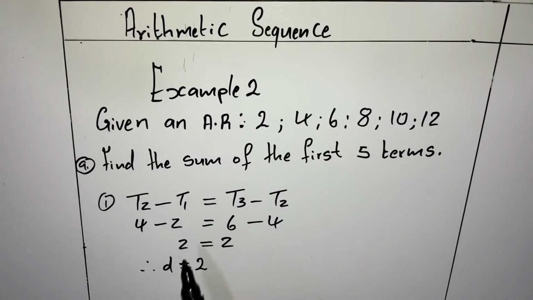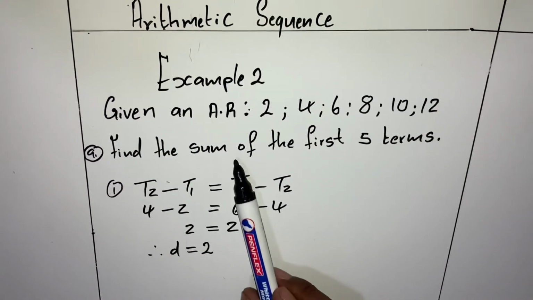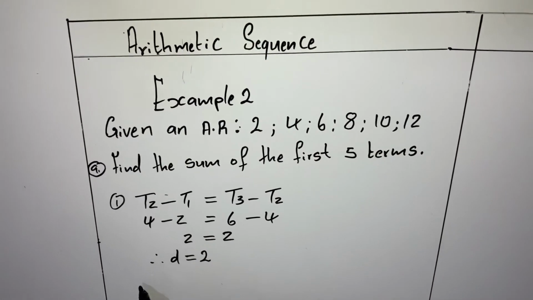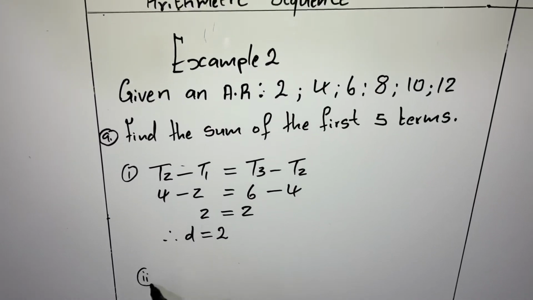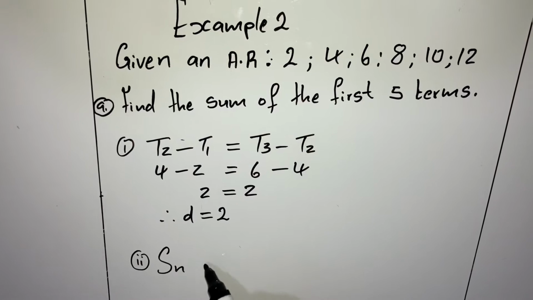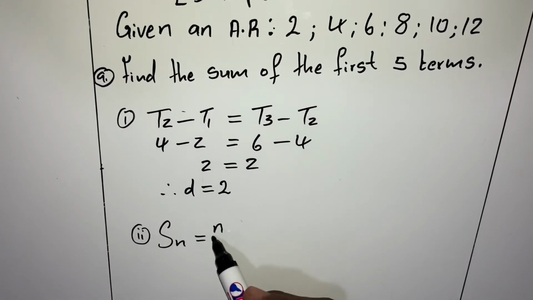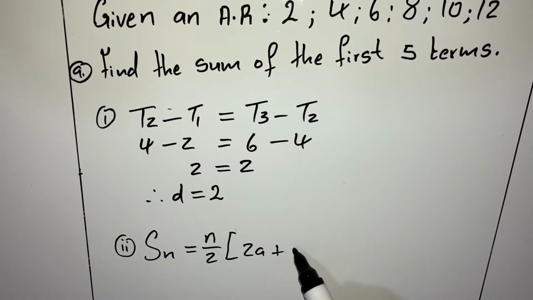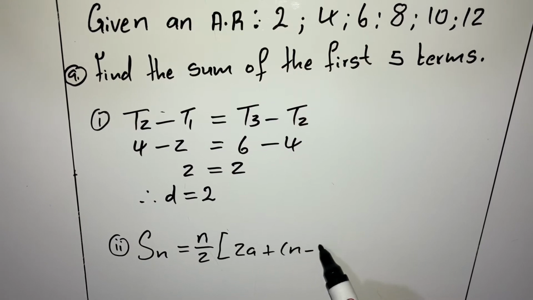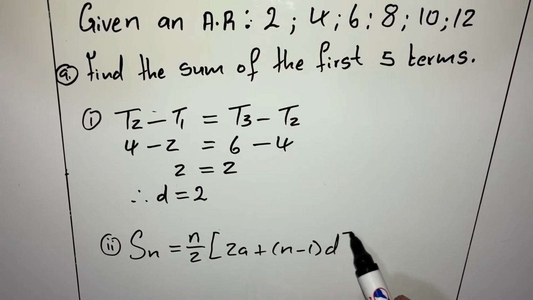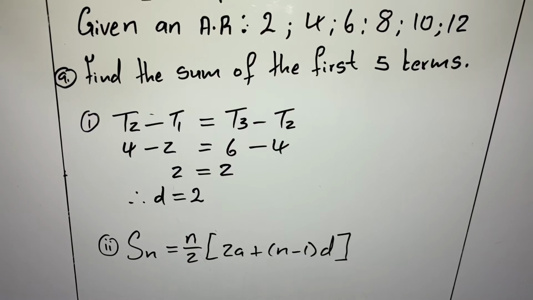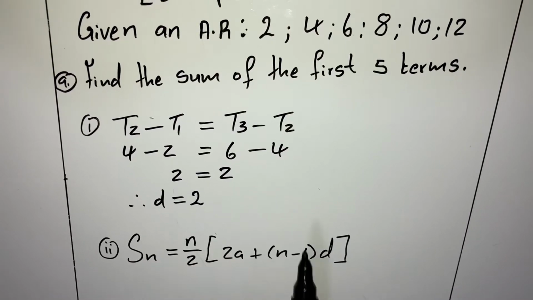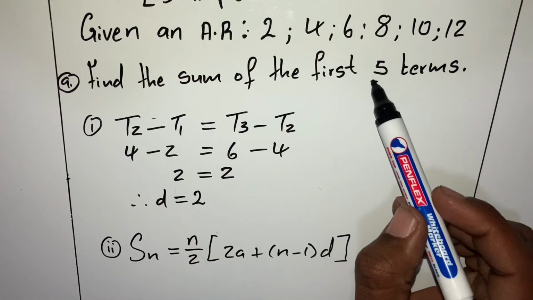Then the question is, find the sum of the first 5 terms. So our sum formula for Roman figure 2, which is Sn, is n over 2 times 2a plus n minus 1 d. For n, we need to know the sum of how many terms we are finding. Find the sum of the first 5 terms.